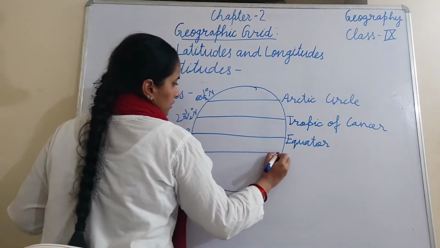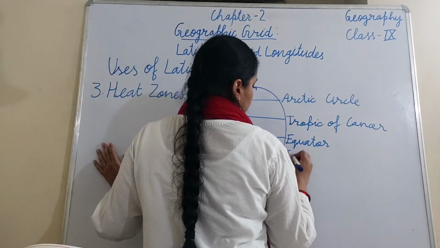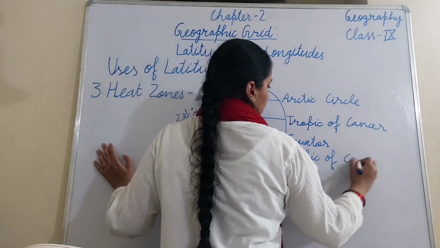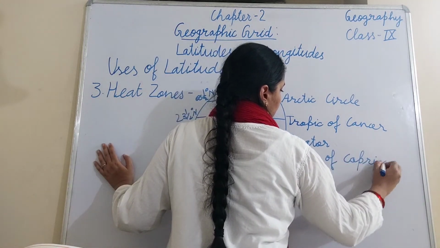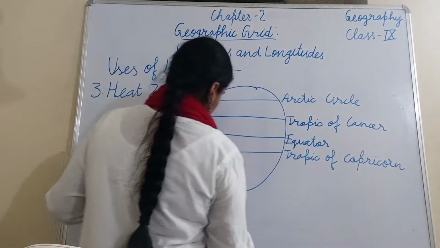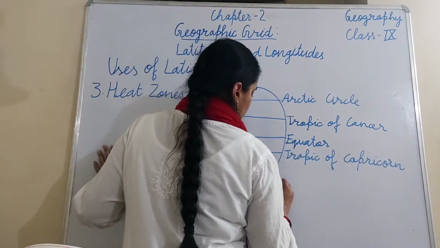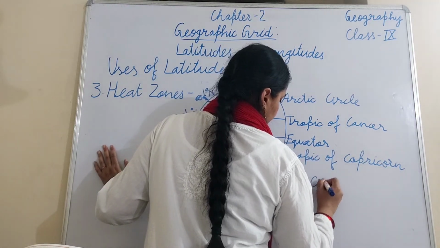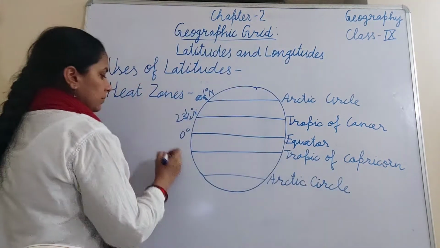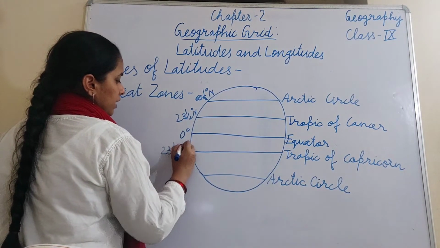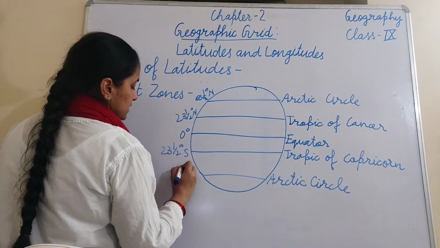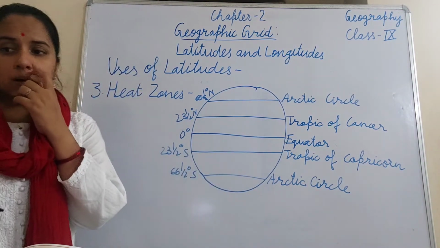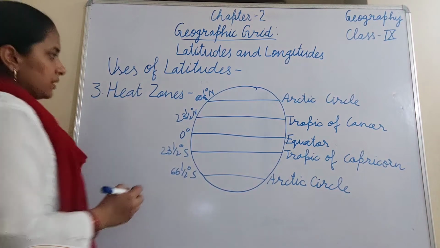Again here, the Tropic of Capricorn and the Antarctic Circle. The values will be 23.5 degrees south, 66.5 degree south. So first we will talk about the torrid or the tropical zone.